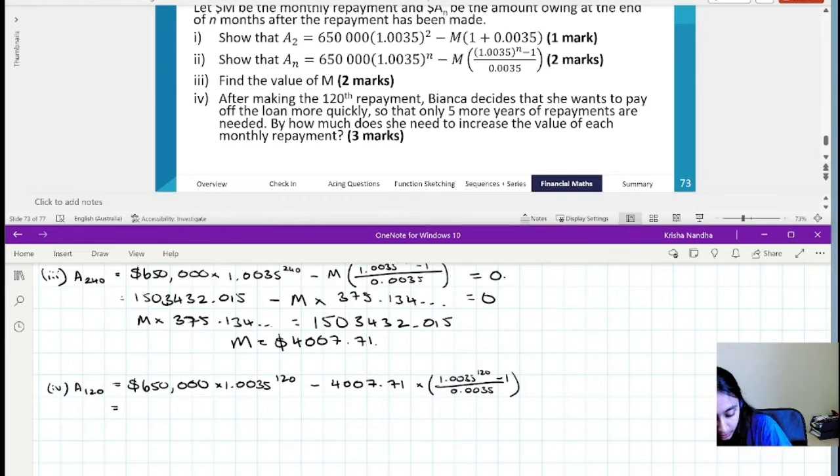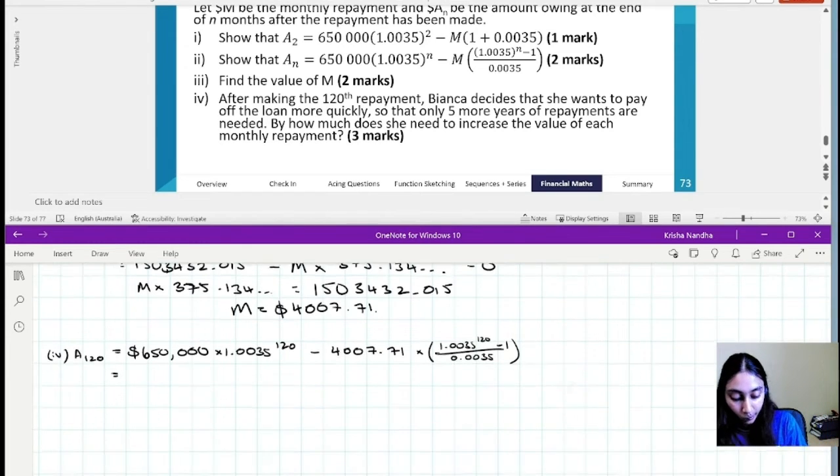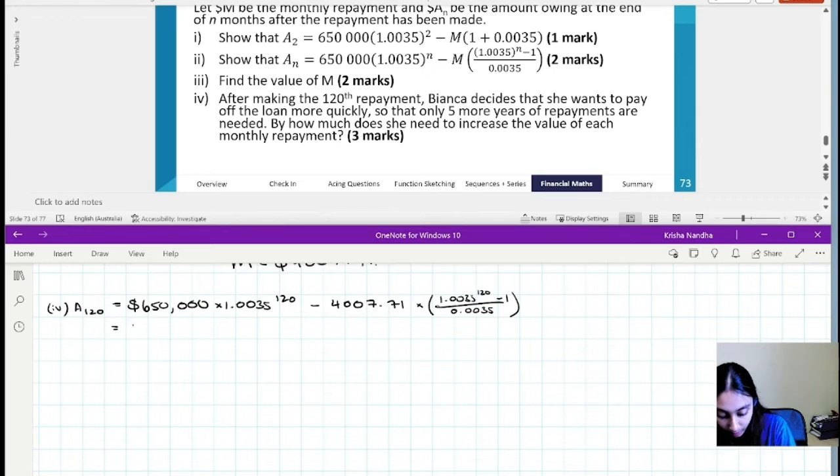Okay, so the amount owing will be $392,150.02.